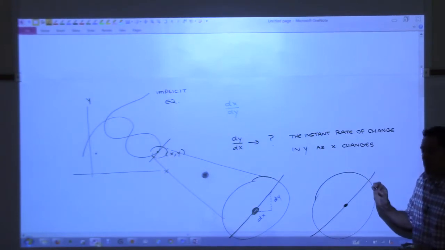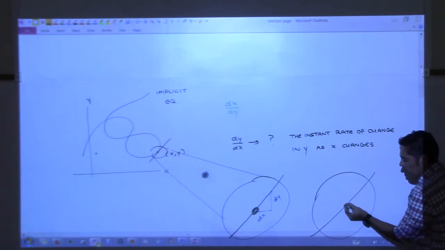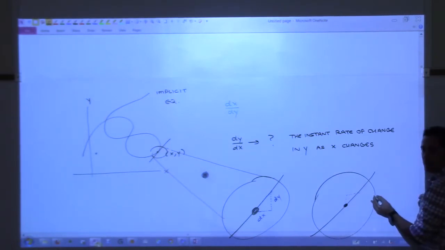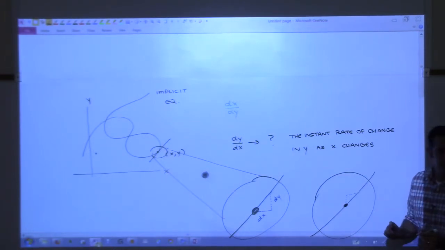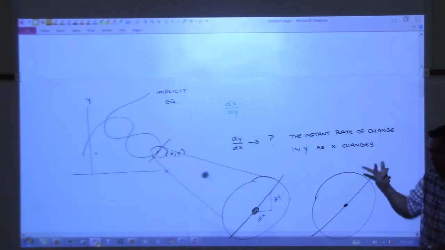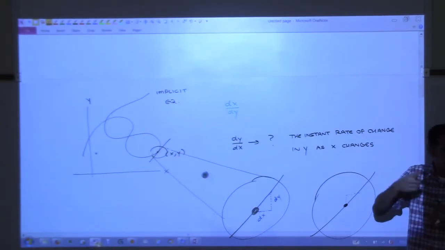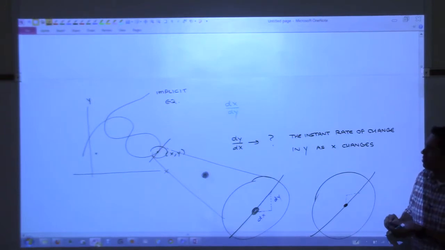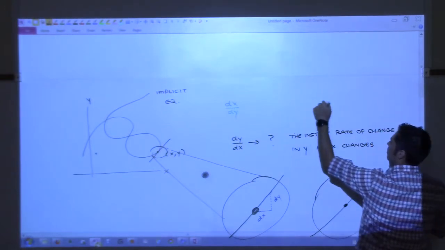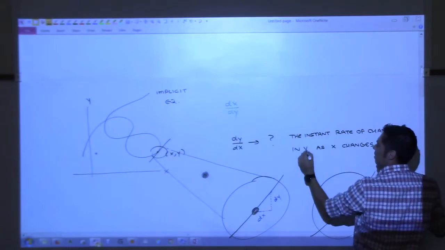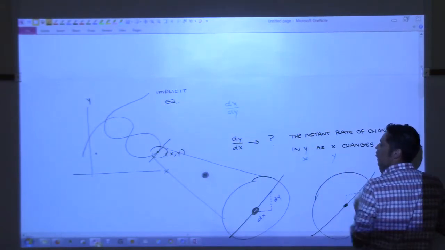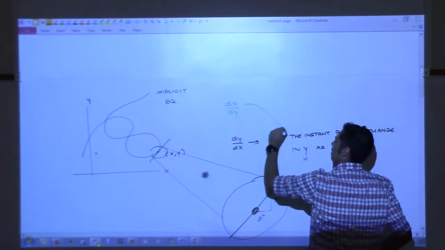Y changes a little bit, and I'm trying to figure out how much x changes by. Now, they are not necessarily the same answers. I know that that seems strange, but they're not, because it's the flip of the slope. It's the reciprocal of the slope. So this would mean right here, the instant rate of change in y, I'm just going to say that this becomes x and this becomes y, right? If we do it this way.